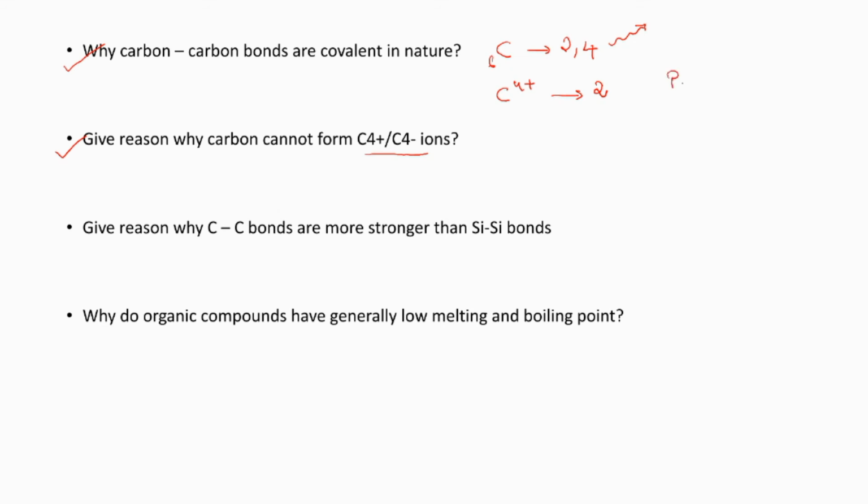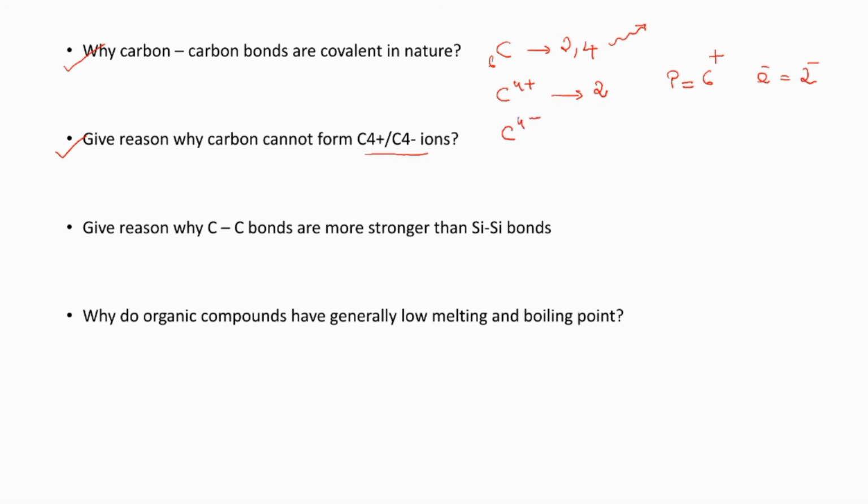Then you can tell that still the protons inside the atom will be 6 only, and the electrons inside the atom will be equal to 2. 6 positive charge and 2 negative charge will be there in the atom. So too much difference in positive and negative charge will make the system unstable, you can write. Got it? Now what is the other possibility?